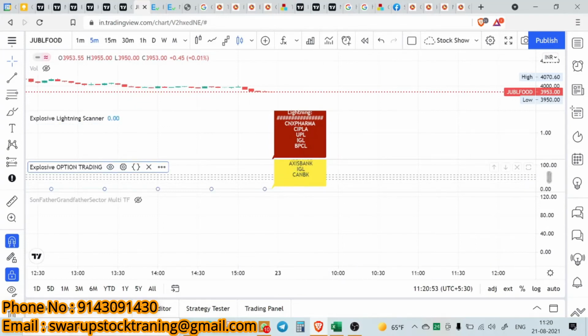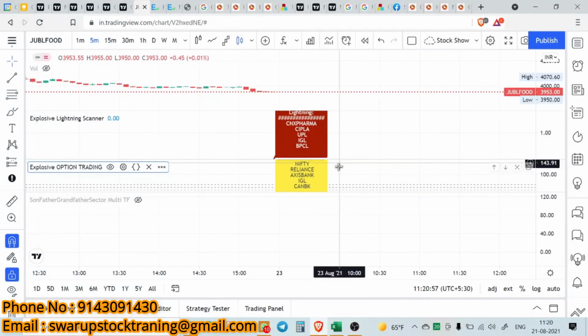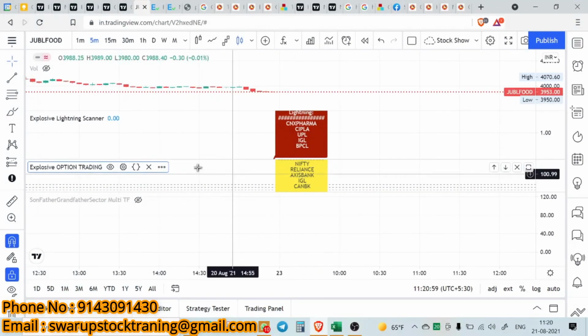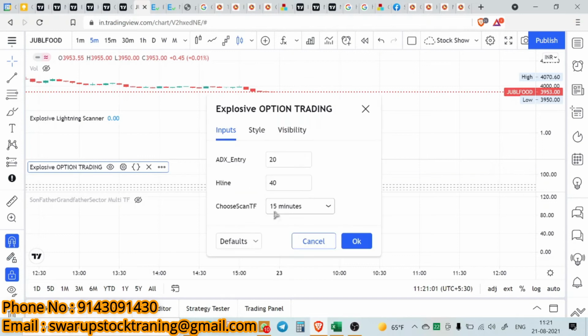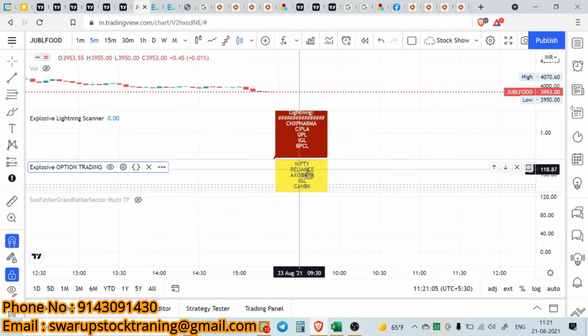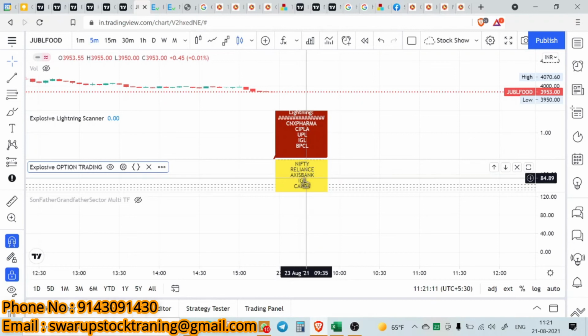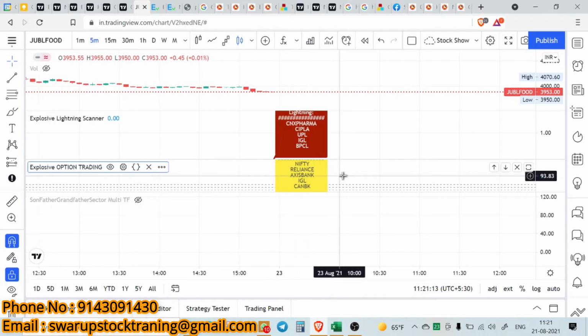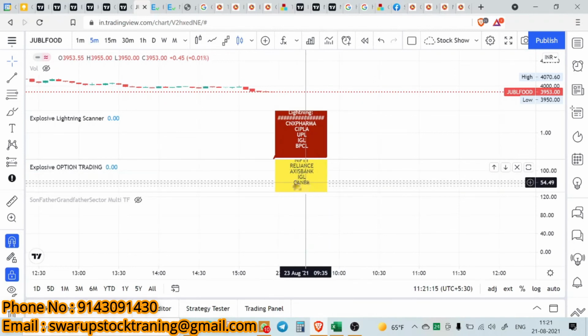Here we have taken a 5 minutes and 15 minutes time frame. In this 15 minutes, these are the stocks which are expected to have a move once the market opens on Monday: Nifty, Reliance, Axis Bank, AGL, IGL, and Can Bank.